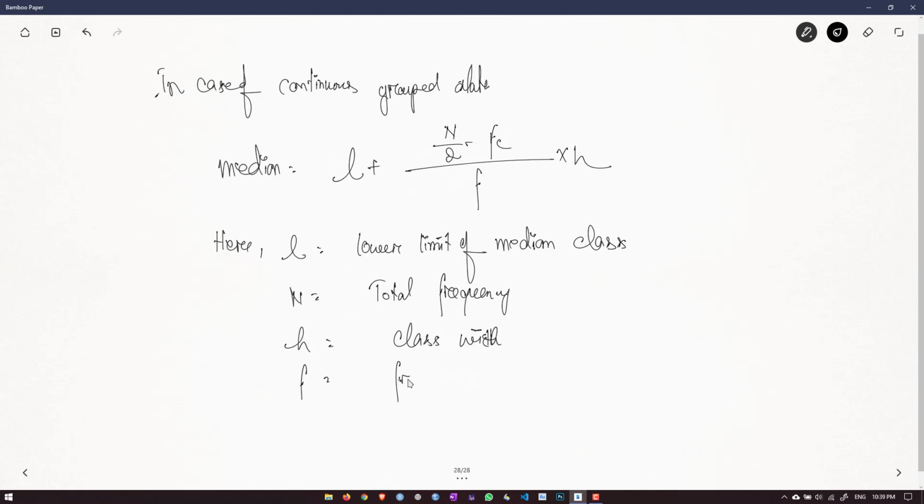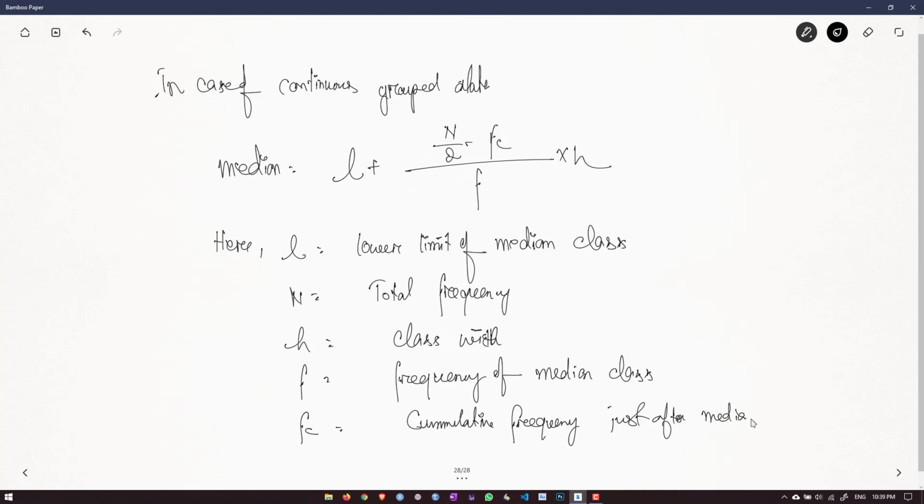F is frequency of median class, and FC is cumulative frequency just before the median class, right?